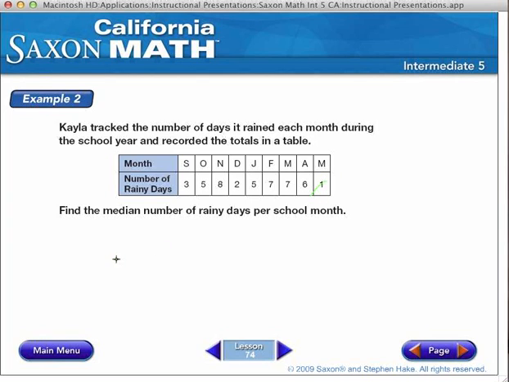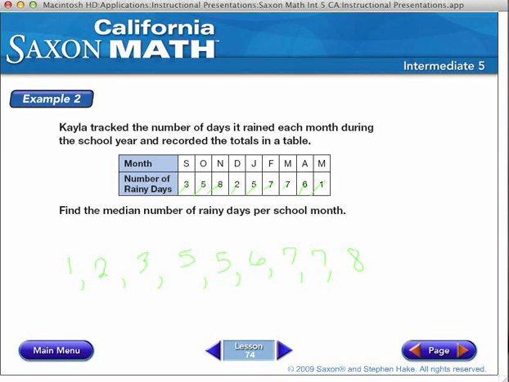So I'm going to start with 1, then I have a 2, and then I have a 3. No 4s, but I have 2 5s, and you do need to write both because they both represent a data point. A 6, 2 7s, and an 8.